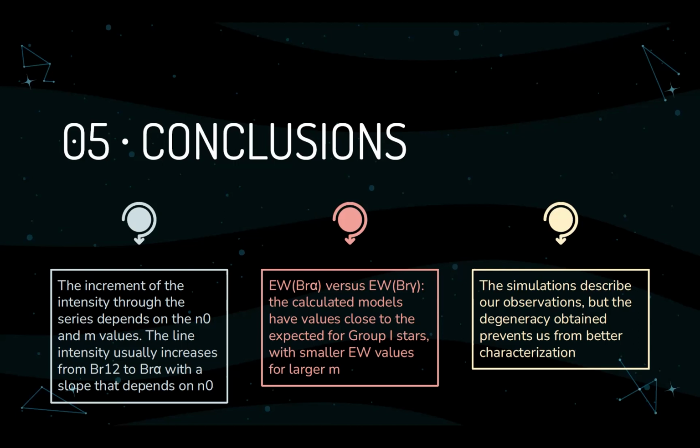We also see that our models are close to what is expected for group 1 stars in these diagrams of equivalent width, with smaller equivalent width for larger M values, for larger exponents of the power law. Our simulation describes our observations quite well, but there is some degeneracy between different models, so we cannot choose just one set of parameters to describe this.